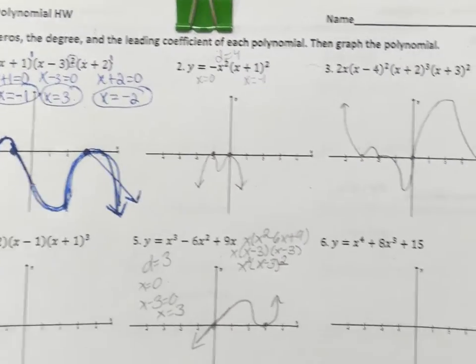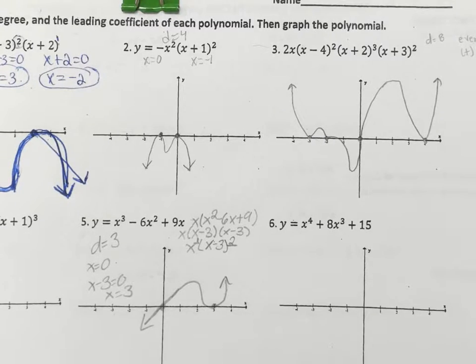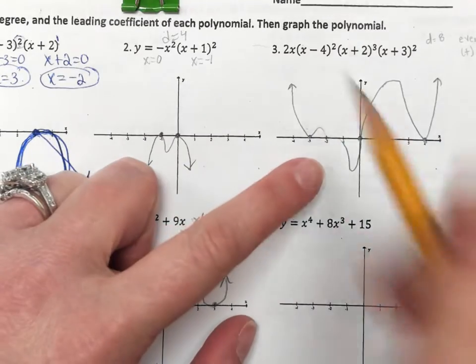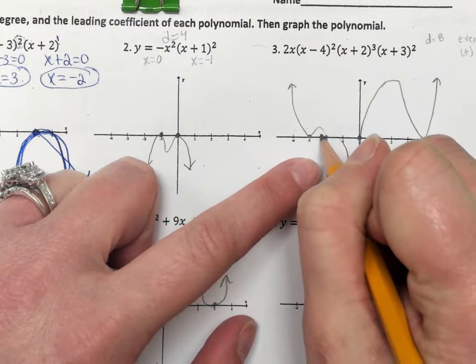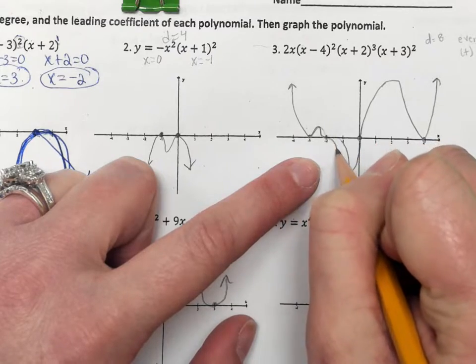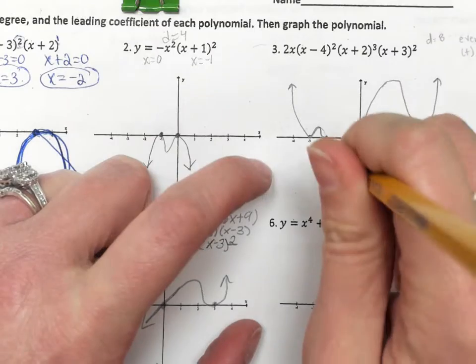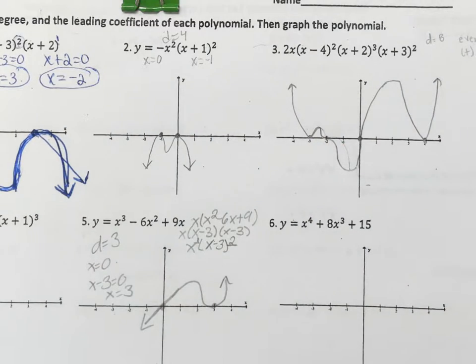All right, guys, check your work real quick. There's 2 and 3. Let's clean that up a little bit. Here's 2 and 3.